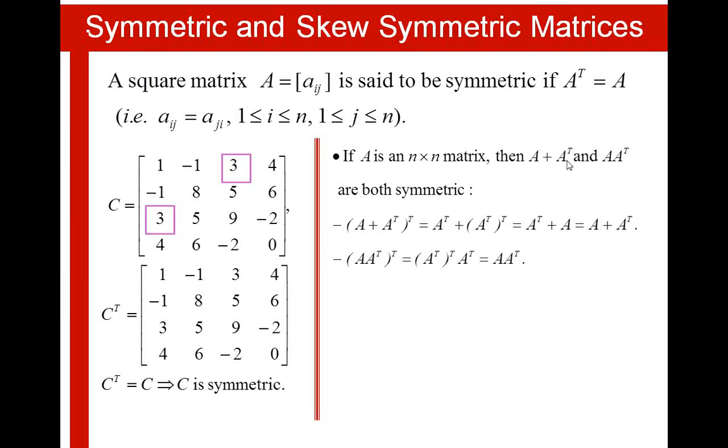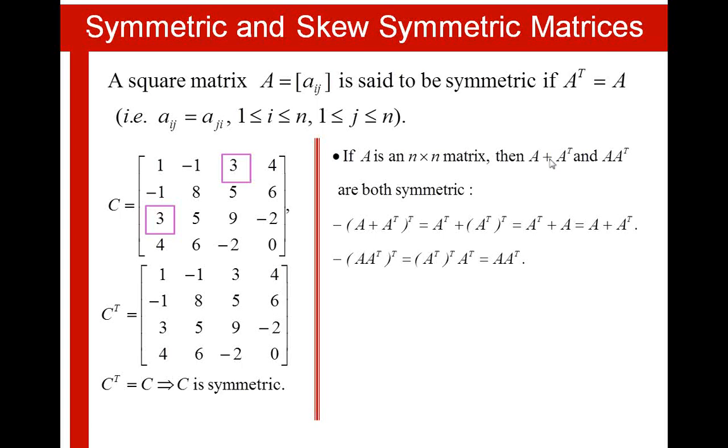Some other properties: if A is an n by n matrix, then A plus A transpose and A times A transpose are both symmetric. How do we prove that? If we consider the first one, A plus A transpose, transpose, equal to A transpose plus A transpose transpose; this remains the same and this becomes A. A transpose plus A, if we commute the two, because the addition of matrices is commutative, is equal to A plus A transpose.